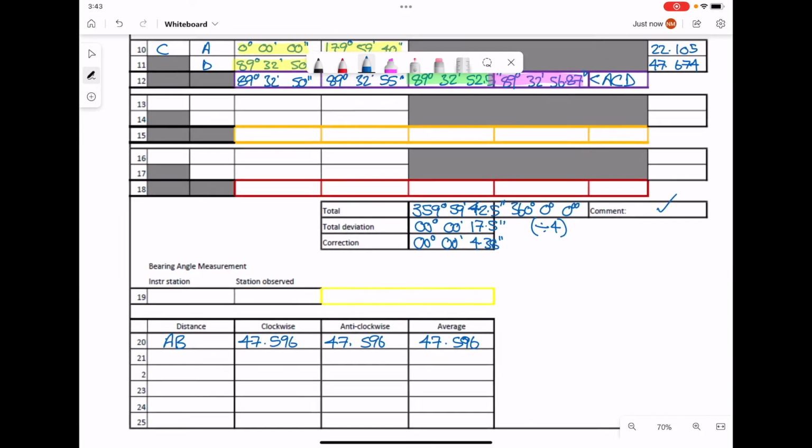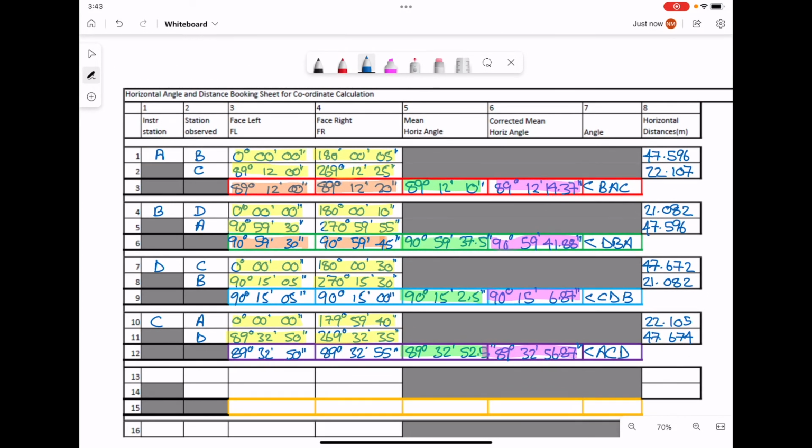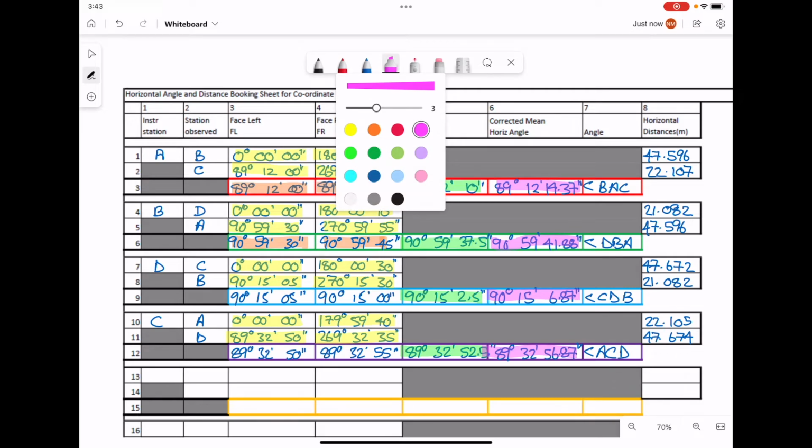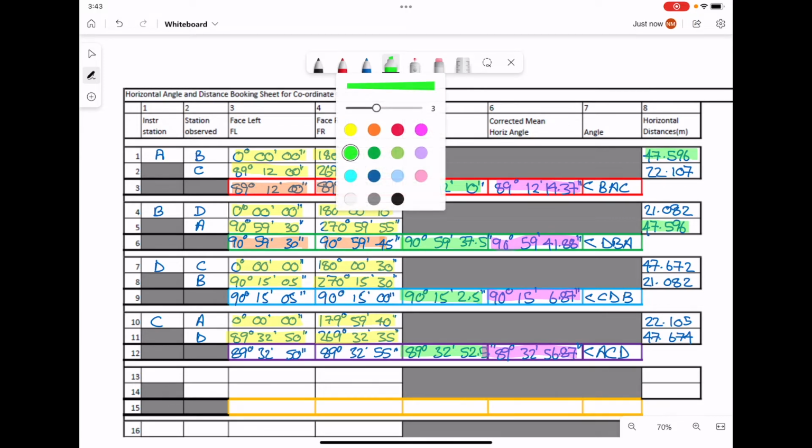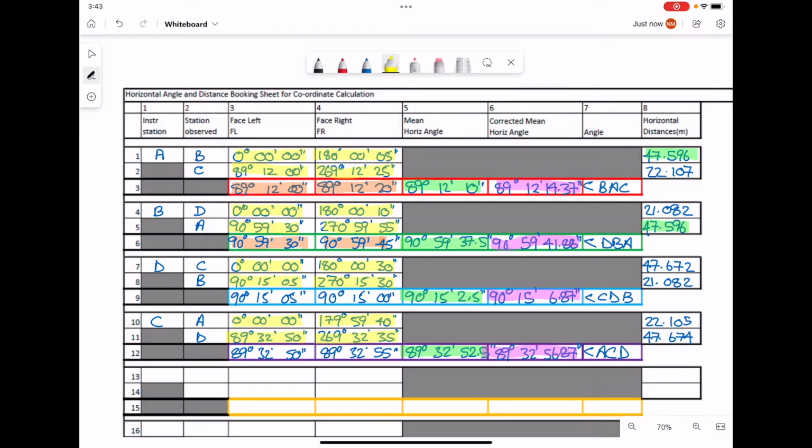These distances A to B, there was one, and there's the second one. Next one we're going to look at will be the distance B to D, which is at 21.082 and another 21.802.